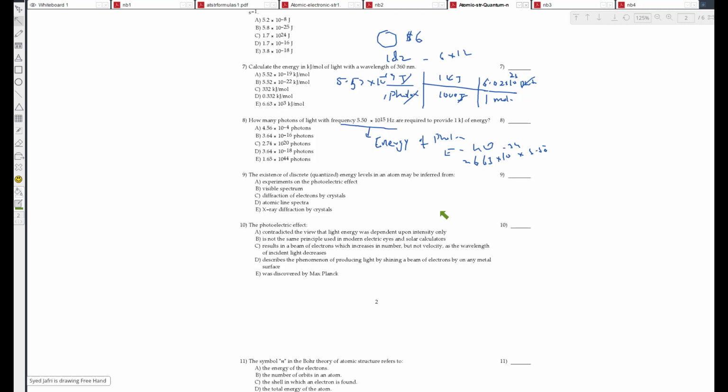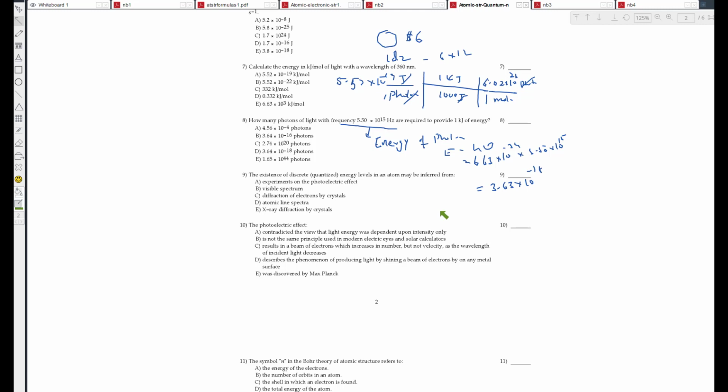5.50 times 10 to the power 15. Right. What will you get? I got 3.63 times 10 to the minus 18. But what is the unit?